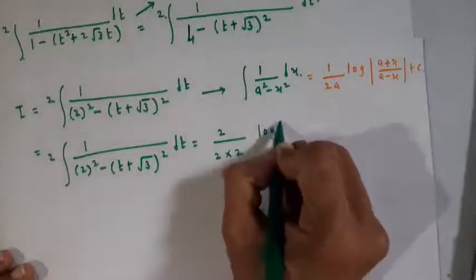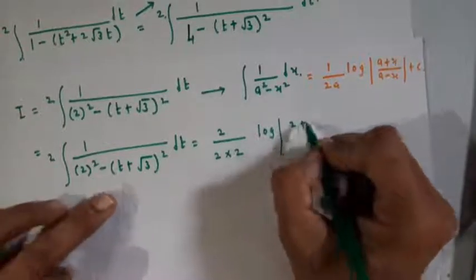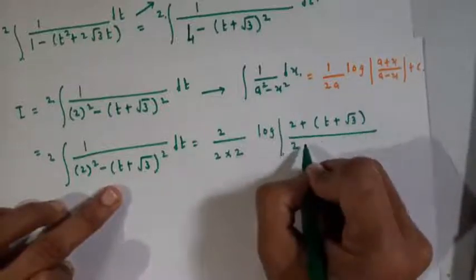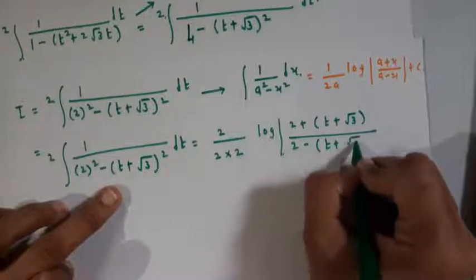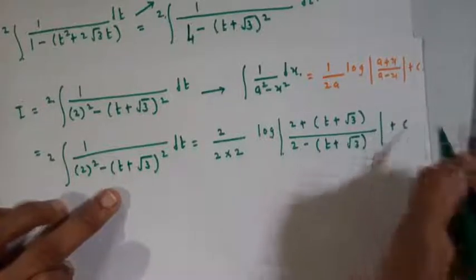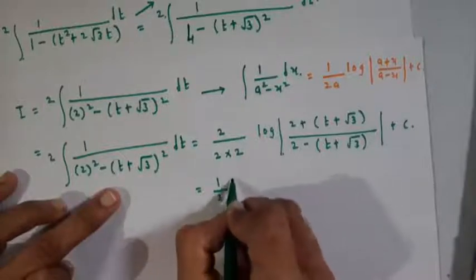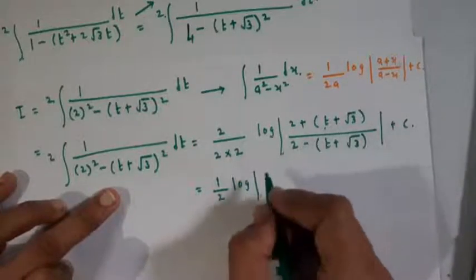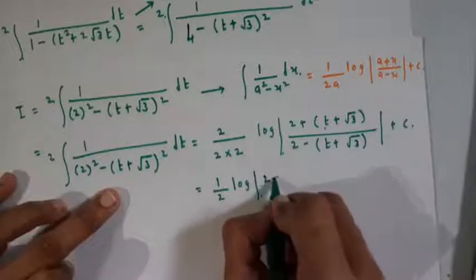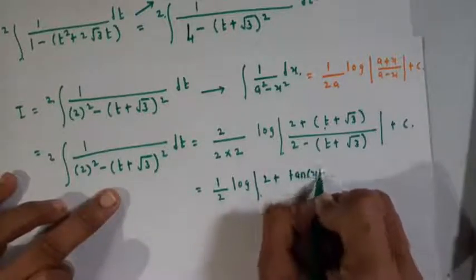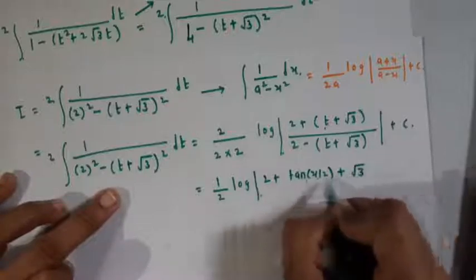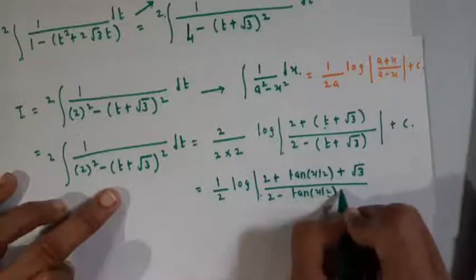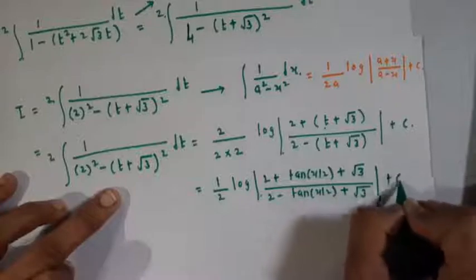Then log of a plus x means 2 plus t plus root 3 upon 2 minus t plus root 3 plus constant of integration c, and this is 1 by 2 log of, here we substitute the value of t, that is 2 plus tan of x by 2 plus root 3 upon 2 minus tan of x by 2 plus root 3 plus constant of integration c.